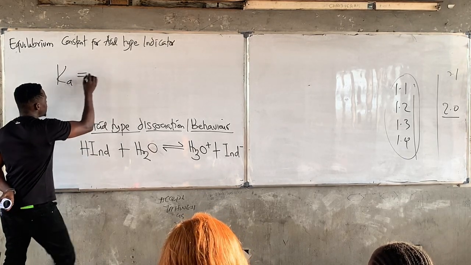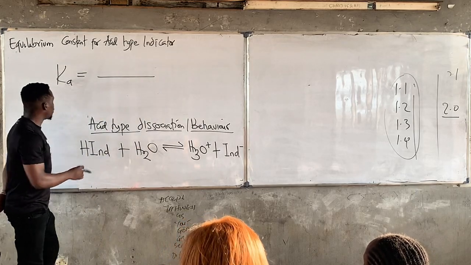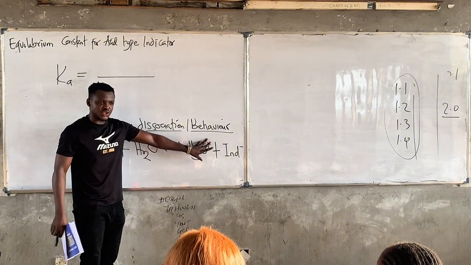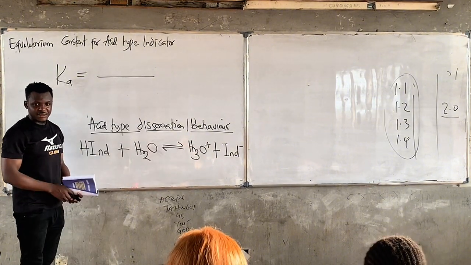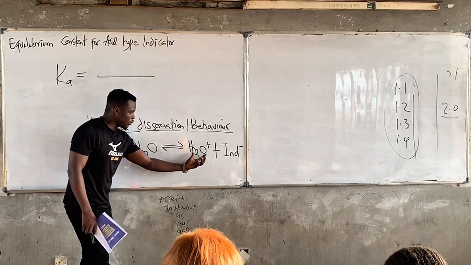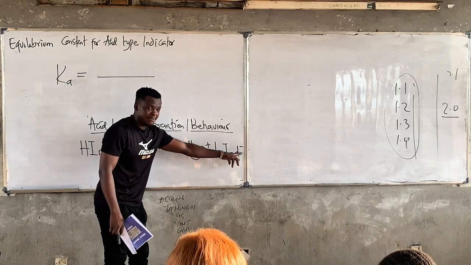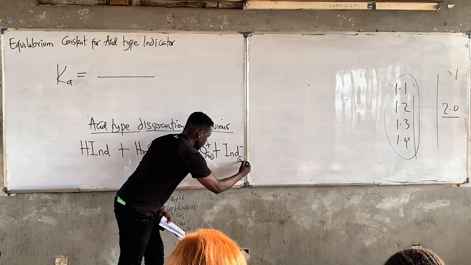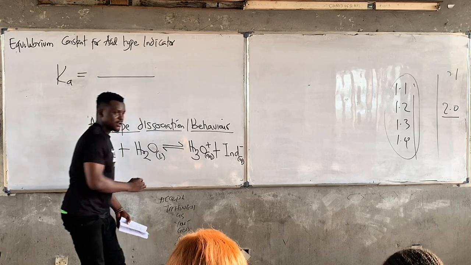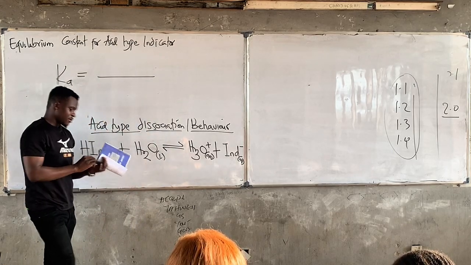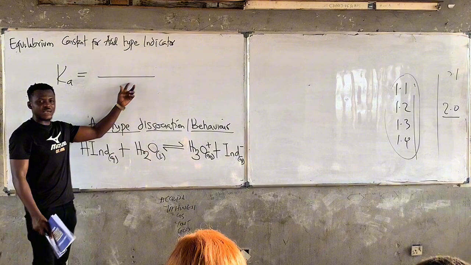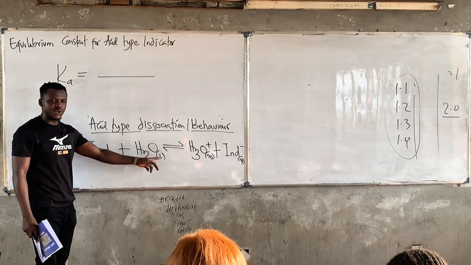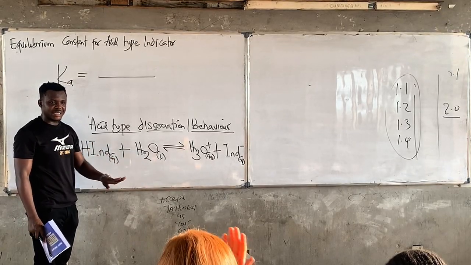Now this is going to be equal to the equilibrium constant, which is obtained by taking the ratio of the product concentration to that of the reactant. The products of this reaction are H3O plus and Ind minus. Bear in mind that this is aqueous, this is liquid, and this is aqueous. Class, water is not going to take part in this equilibrium constant expression, because in equilibrium constant expression, liquid and solid do not take part.